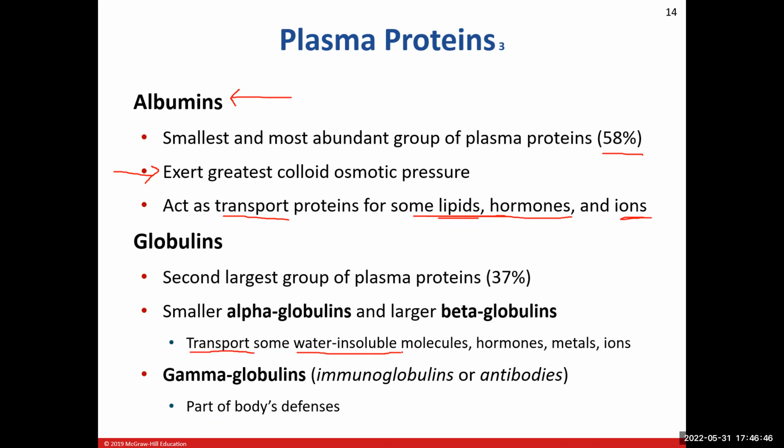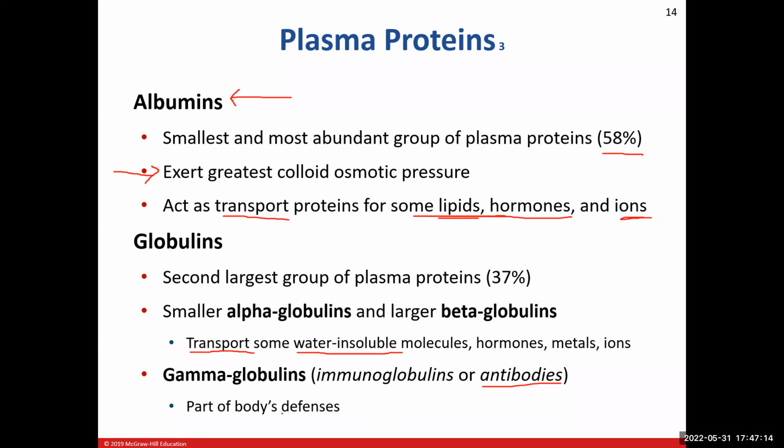Well, if certain molecules are water insoluble, like oil is water insoluble, we have these transport proteins that will attach onto those molecules so they can move in our blood plasma without any issues whatsoever.